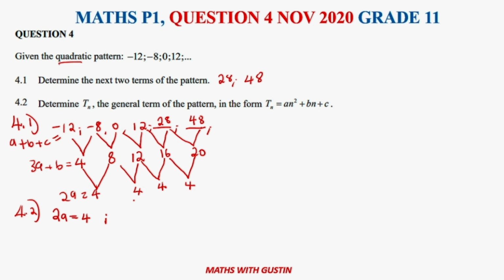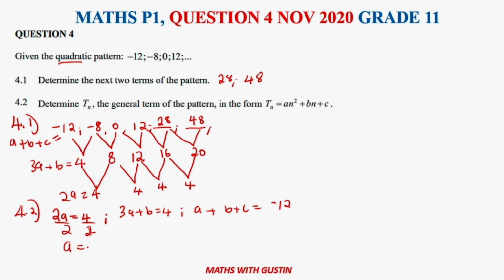All right, great stuff. So now let's come here. We're going to have 3a plus b is equal to 4, and then a plus b plus c is equal to -12.